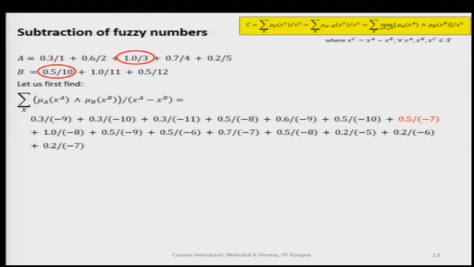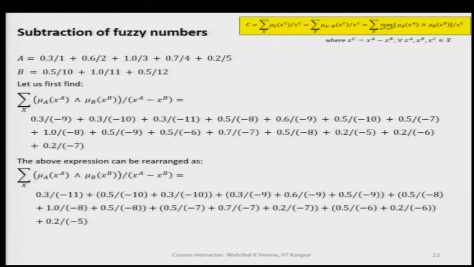You can see here the outcome of each and every pair is shown in red color. So, that is how we are getting the subtraction of all these pairs, and that is how we get the complete set of terms, the total outcomes, listed.